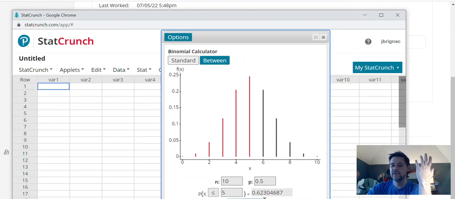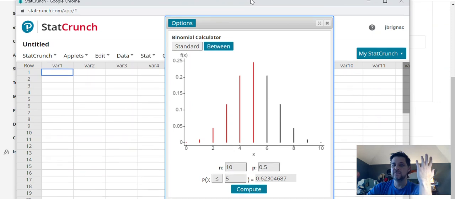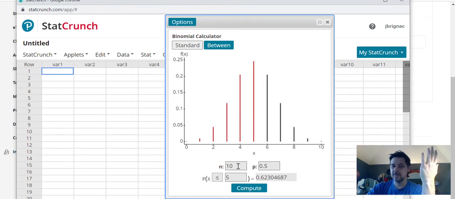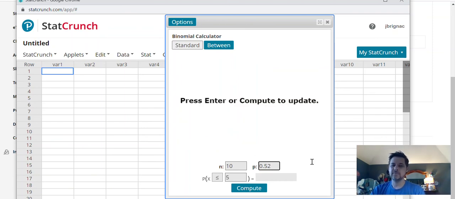Now, you have to fill in all the specifications for this, okay? Like, N is how many trials there were. So 10 is the default, so I don't have to change that. The probability of a success, like as you go through those 10 people and you say, do you have little confidence in the news or not? The probability was 0.52 that they felt that way, and that's what we deemed a success.